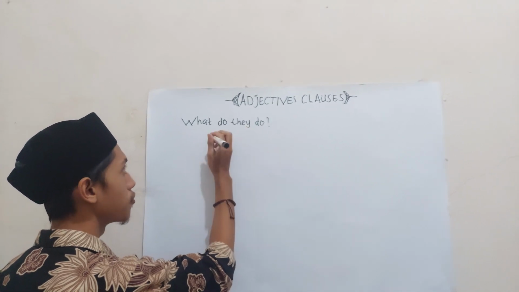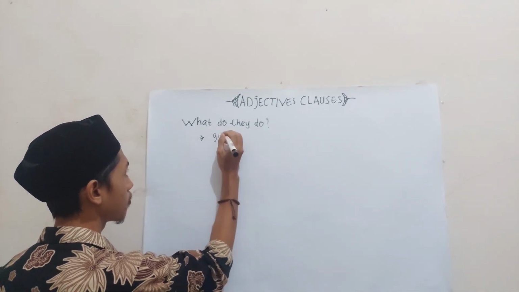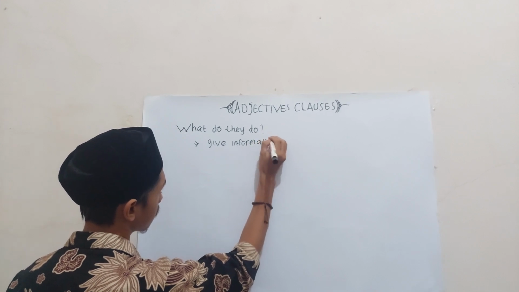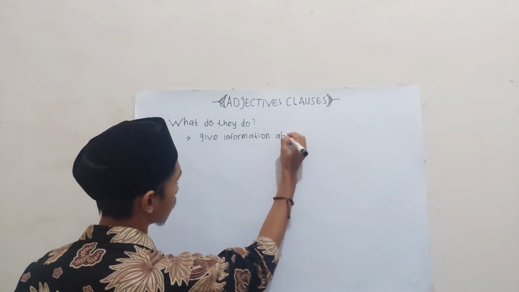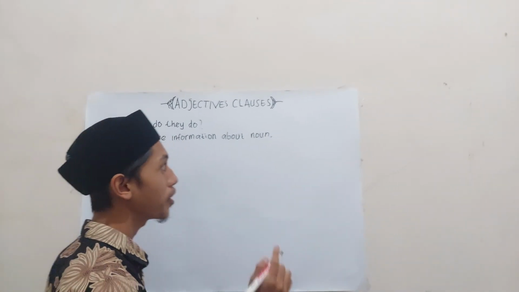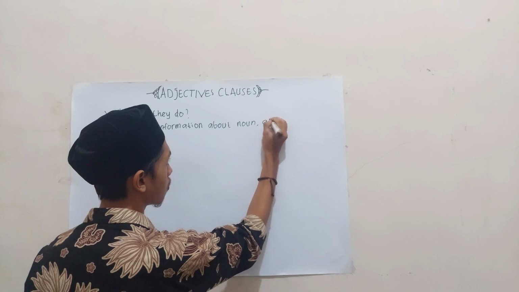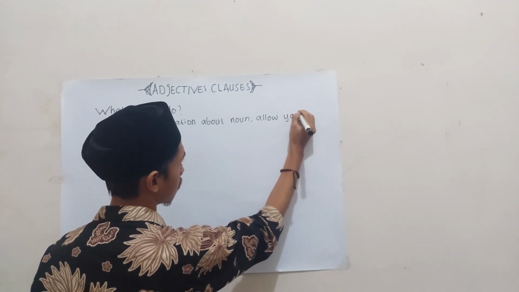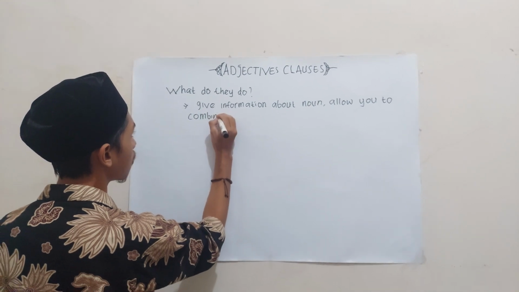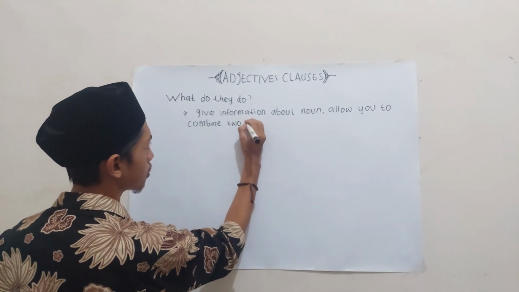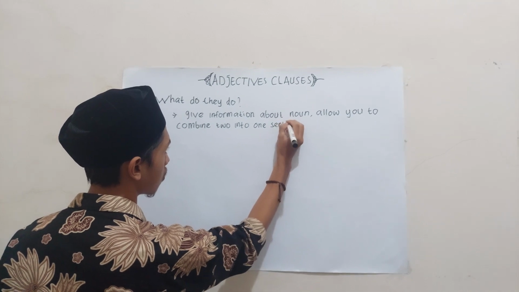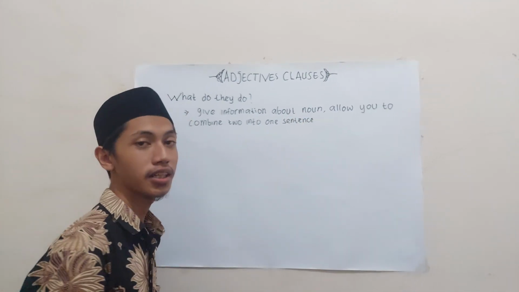So an adjective clause is the same as an adjective. It can give you information about a noun, and it can allow you to combine two sentences into one sentence by using a relative pronoun.